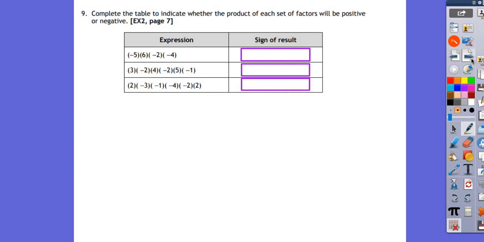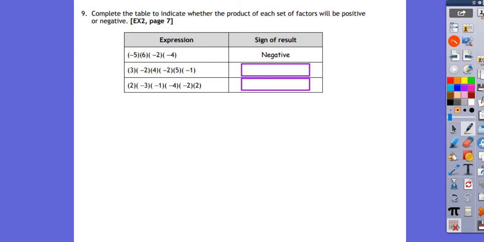Okay, so number 9, they're not worried about the final number answer. They just want you to write, is the answer going to be positive or negative? So how many negative numbers are listed in that first problem? 3. So is my answer going to be positive or negative? Negative. 3 is odd.